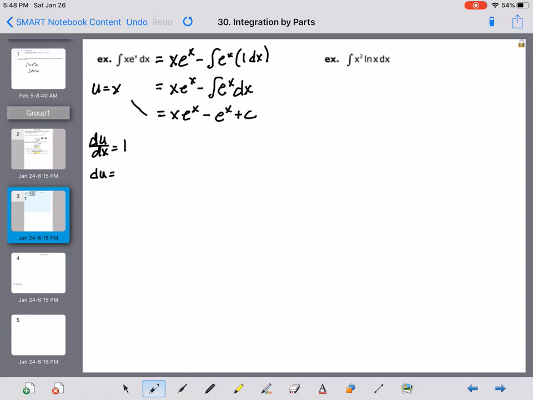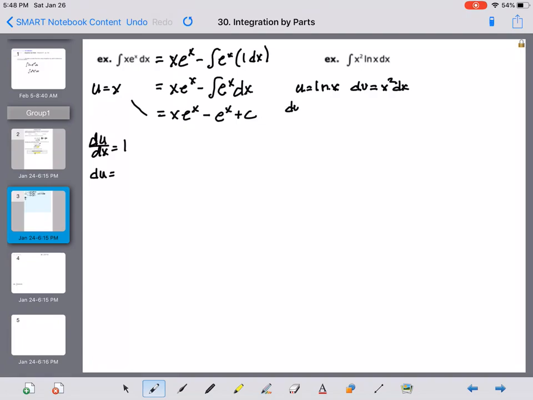Okay, so if we look at the second problem, I'm going to choose my u to be the natural log of x. That means my dv is everything else. So I'm going to take the derivative of the first one.